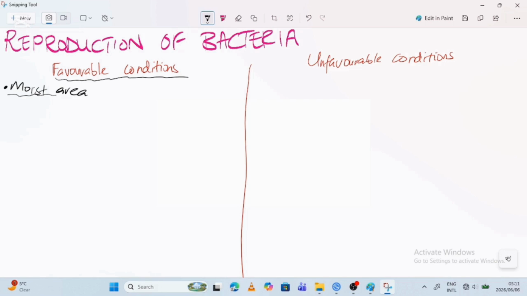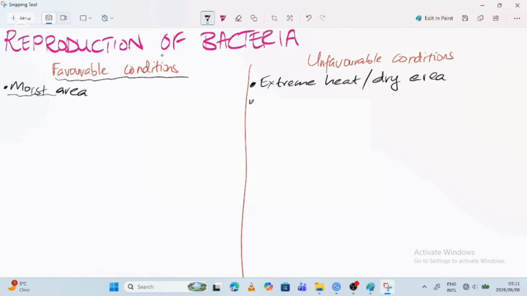So obviously the unfavorable condition for it will be extreme heat or dry areas. This will be unfavorable conditions for bacteria, right?